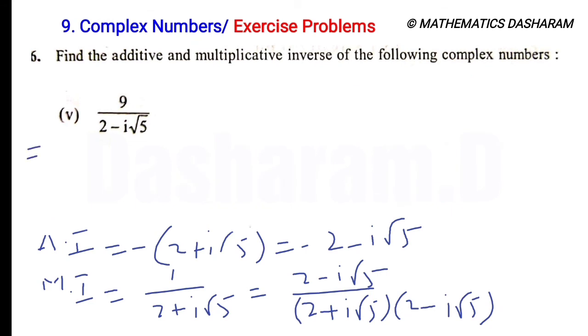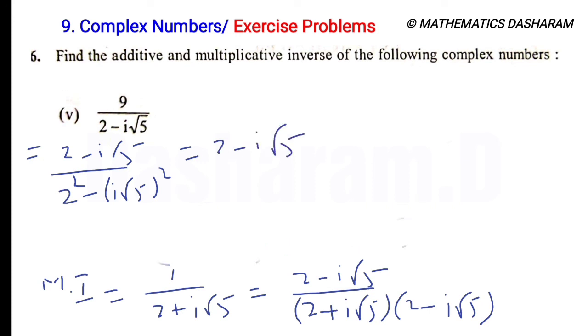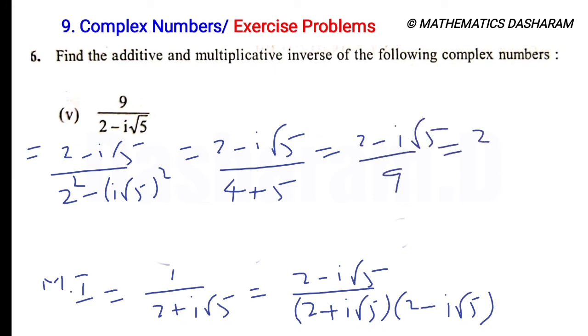So it equals (2 minus √5 i) by (a minus b)(a plus b), 2 squared minus (√5 i) whole square. So 2 squared is 4 and (√5 i) whole square is plus 5. So (2 minus √5 i) divided by 9. So then 2 by 9 minus √5 by 9 i is the multiplicative inverse.